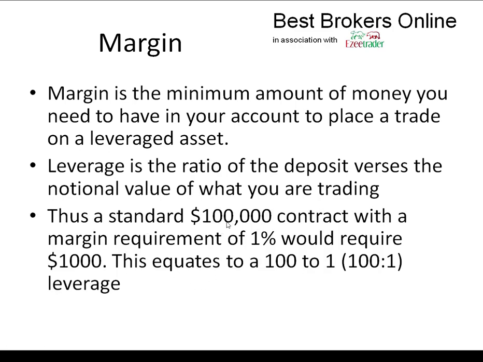A standard $100,000 contract, for example, with a margin requirement of 1%. Now, in ESMA terms, it would be 3.33% effectively, but anywhere else, it would be 1%, or it used to be 1%, or even 0.5%, where you're getting 200 to 1.